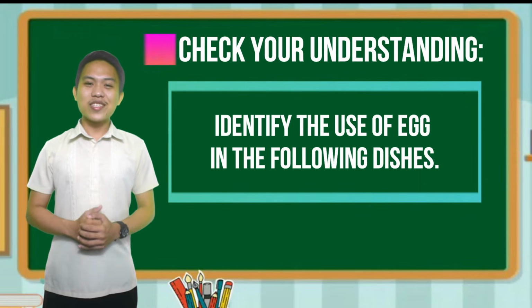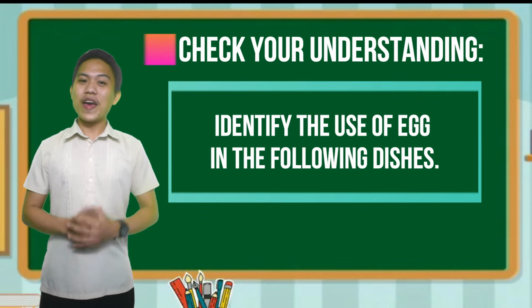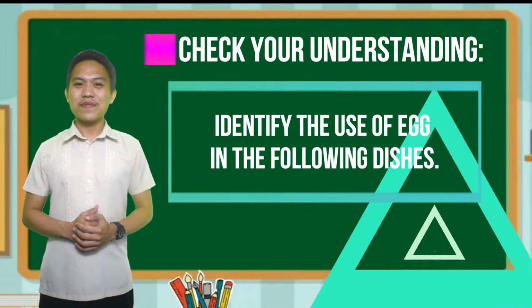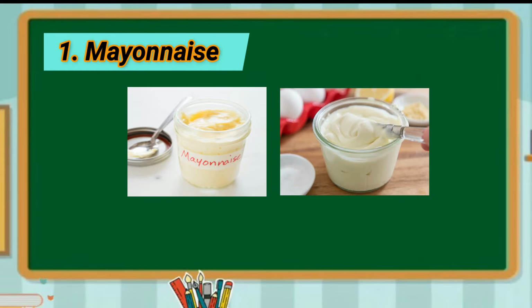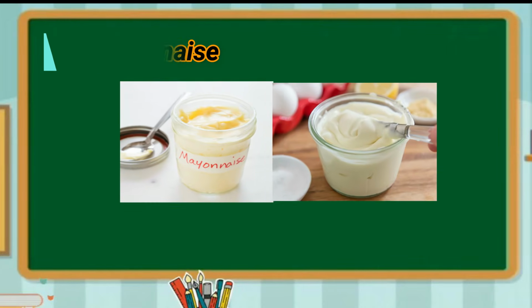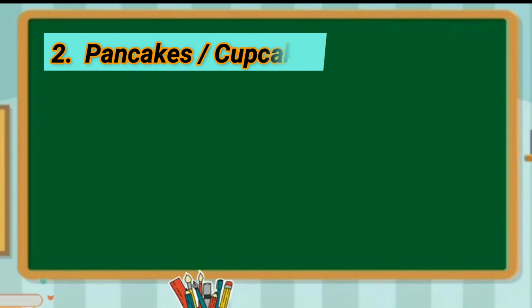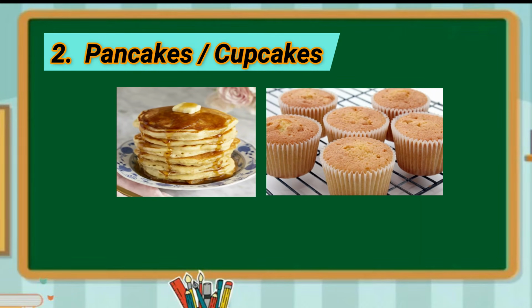Let us check your understanding by doing this activity. Identify the use of egg in the following dishes. Number 1. Mayonnaise. What do you think is the correct answer? Number 2. Pancakes or cupcakes. What do you think is the right answer?